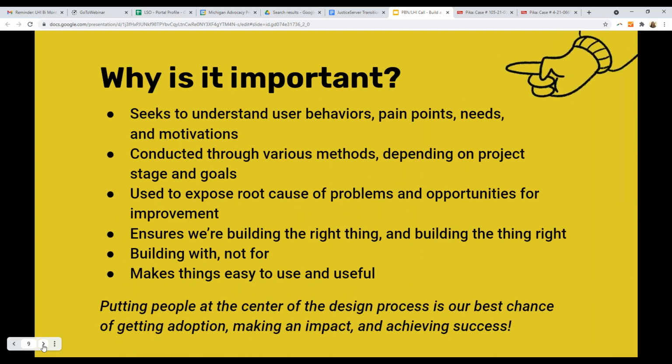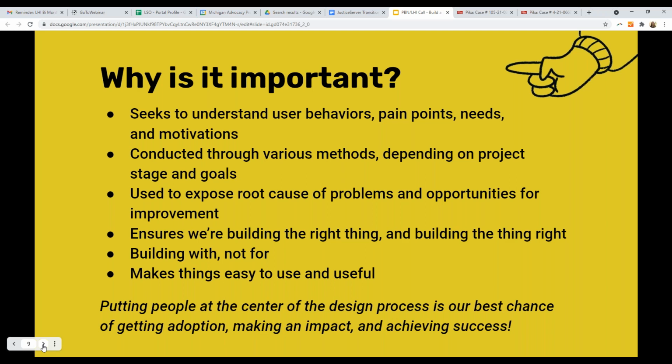So why is this important? Again, before we dive into designing the resource, user experience design and human-centered design really helps us understand behaviors and pain points, needs and motivations of the folks who are coming to access these resources.